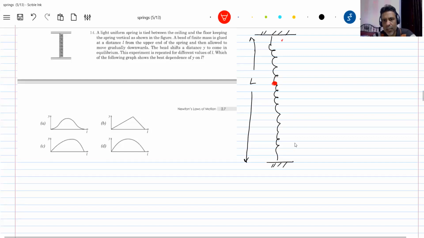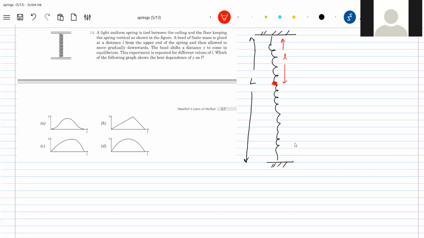So let the distance of this be L. Now there's a particle.